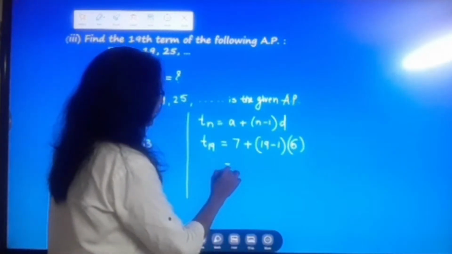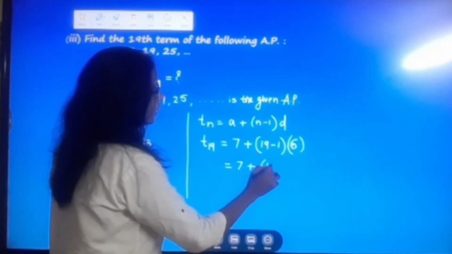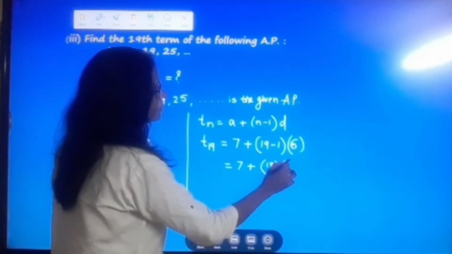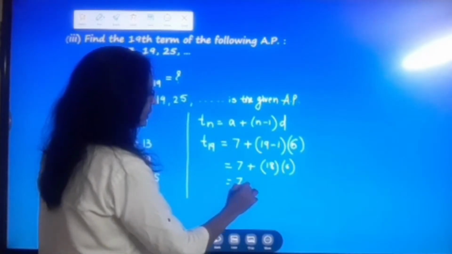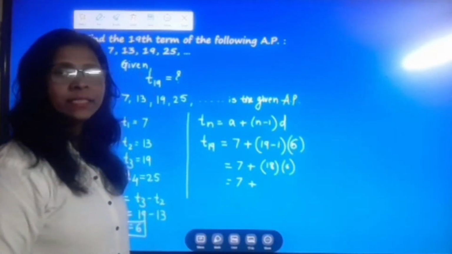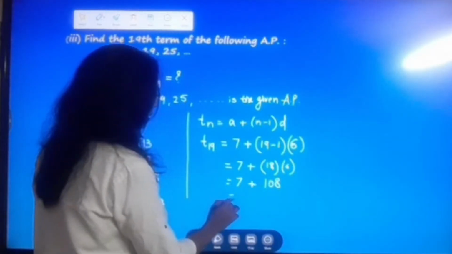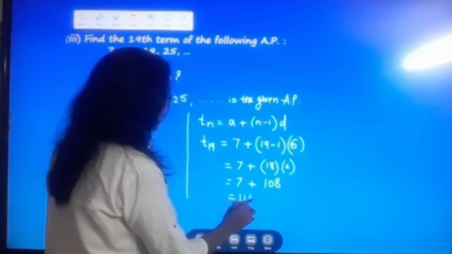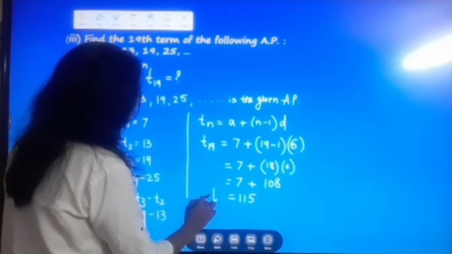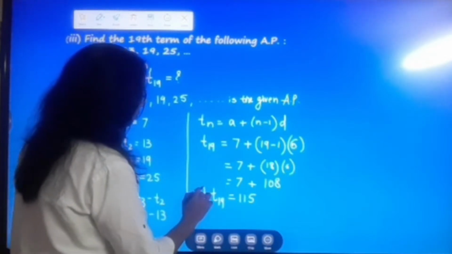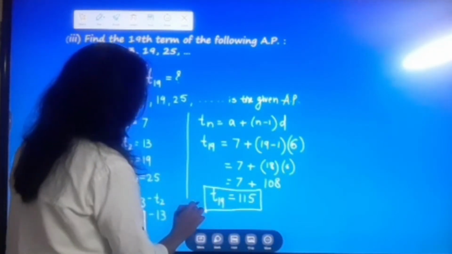Then 7 plus 97 multiplied by 6 is equal to 7 plus, now 97 sixes are 582, then 7 plus 582, that means 589. So T98 is equal to 589.